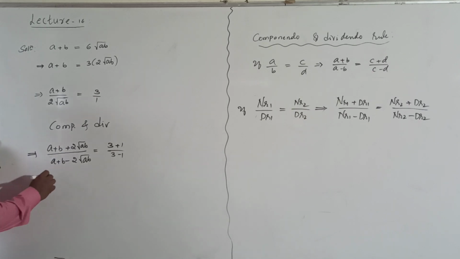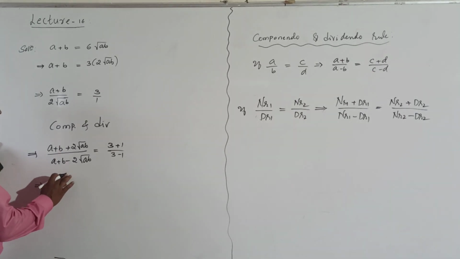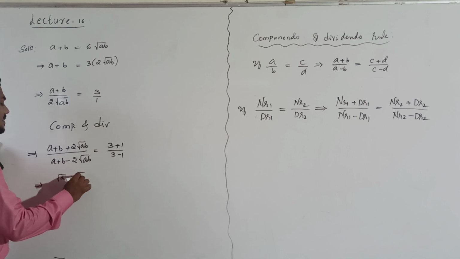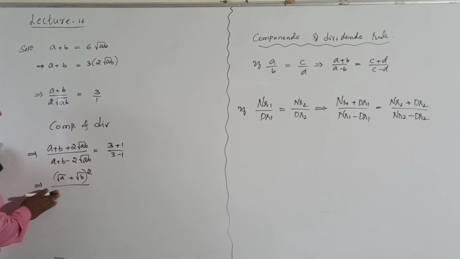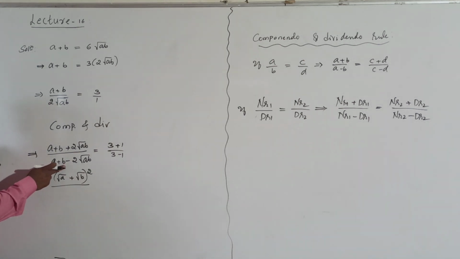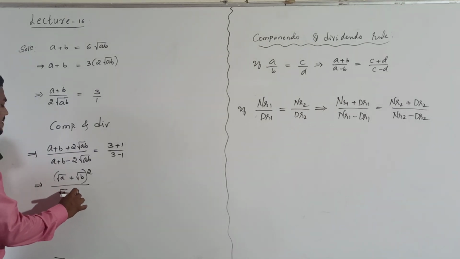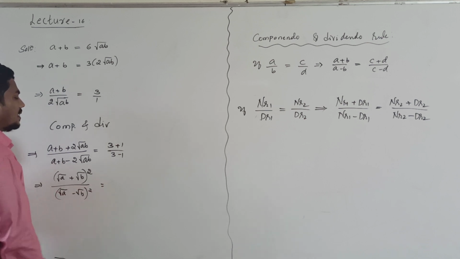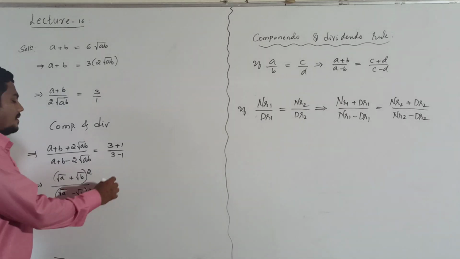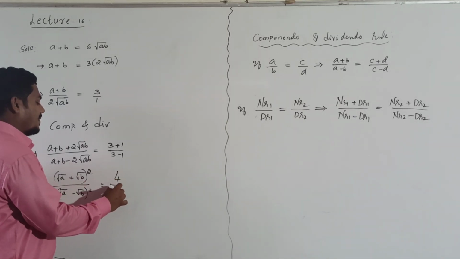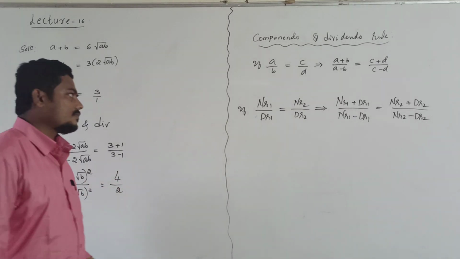It is the expansion of root a plus root b whole square, divided by, look at the denominator, a plus b minus 2 root ab, which is the expansion of root a minus root b whole square, that's equal to, in the RHS, 4 divided by 2, which gives 2.